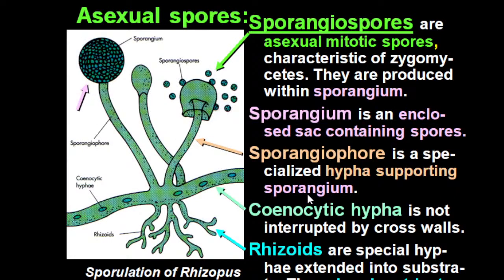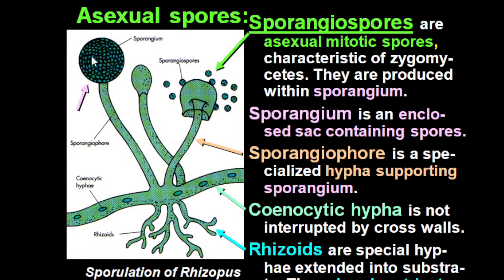The second way asexual spores are produced is in sporangia. You can see here the vegetative mycelium, even with rhizoids, which are special hyphae that extend into the substrate, absorb nutrients and fix the colony in the substrate. Then here you can see the hyphae that arise from the substrate and form the sporangium.